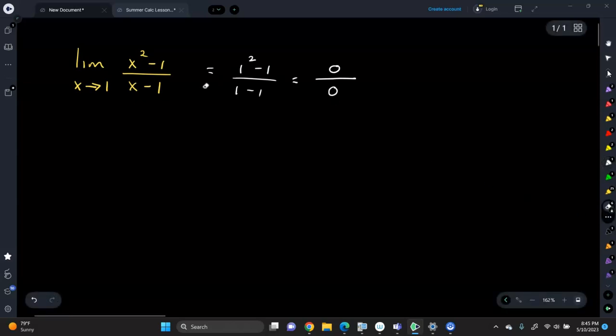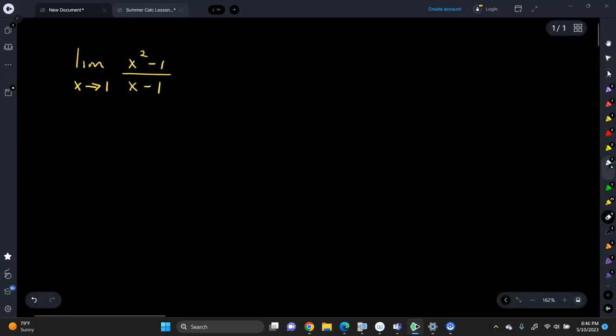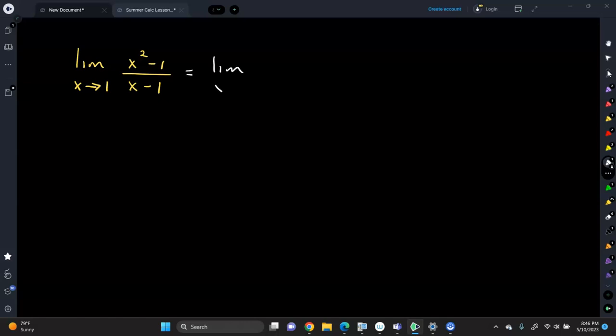So one of the things that we want to do when this happens, or actually any time, not just when this happens, one of the things we want to try to do before we do a direct substitution is to simplify the expression. So what I mean by that is we're going to rewrite this as a limit as x approaches 1, and we're going to factor this.